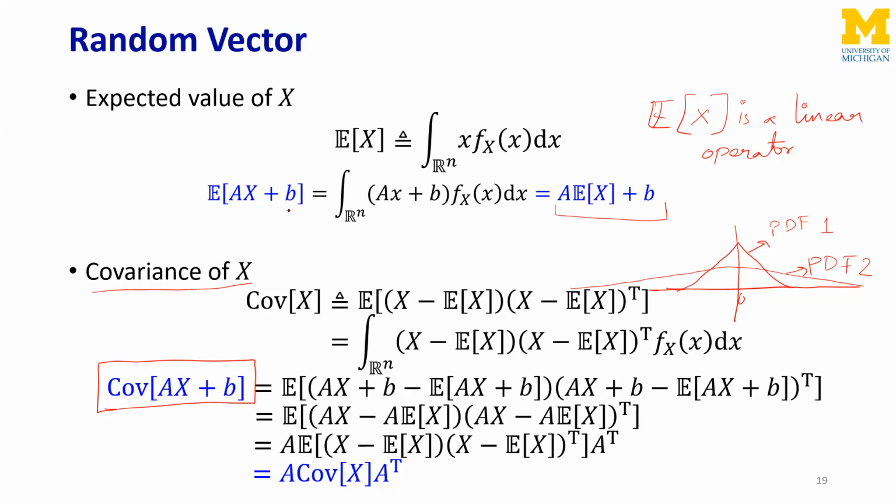I mean, it shifts its mean, but it doesn't change its covariance. So if you scale it up, the covariance gets a squared effect on the scale variable. So you get A on the left, A on the right, and B doesn't do anything. Again, these two facts are the ones that we are going to be using a lot.